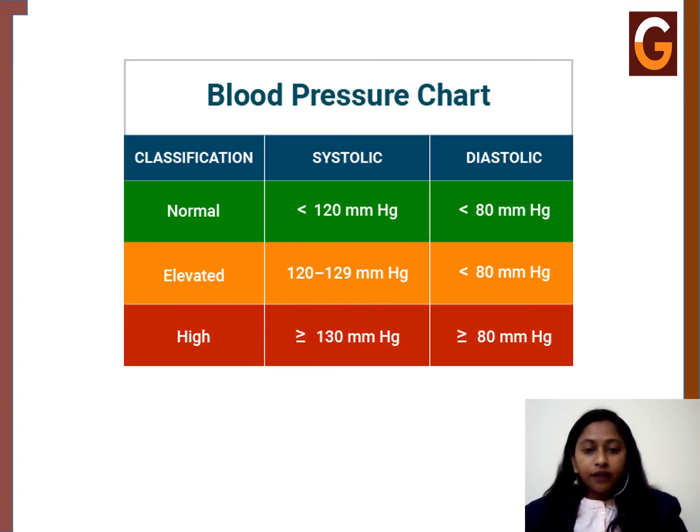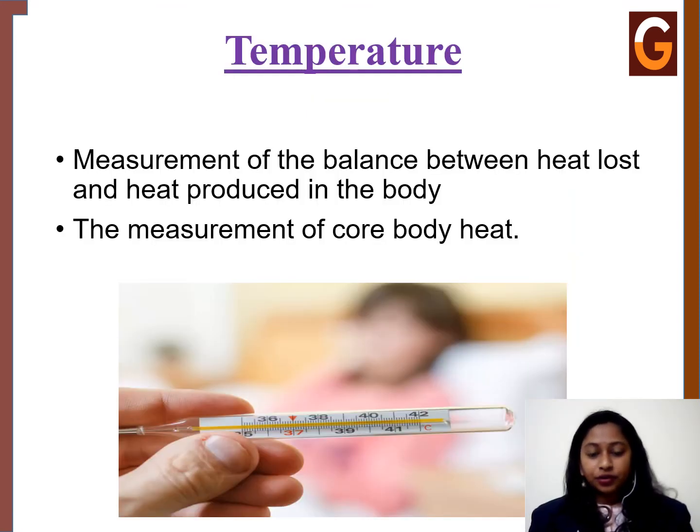But in high, we consider more than 130 mmHg to be high in the systolic range, and in the diastolic we say that it is more than 80 mmHg. So in this way we have classified it. It's a very simple classification that I have put forward for you to know what kind of blood pressures there are and the different variations of it. The next is temperature.